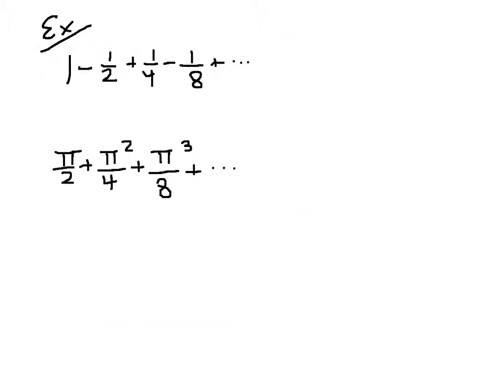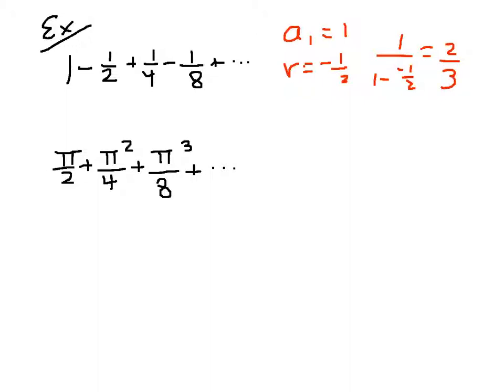Okay, so let's take a look at these two examples. In the first one, we see that we have an infinite geometric series in which a sub 1 is 1 and r is -1/2. So this will converge, and it converges to 1 over 1 minus r, which turns out to equal 2/3.